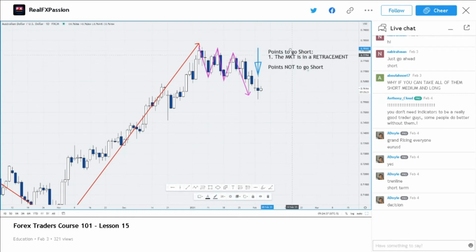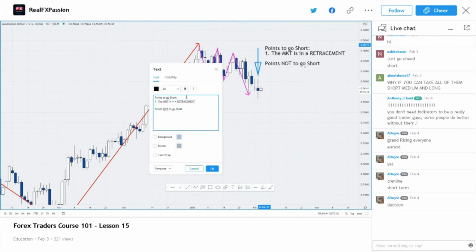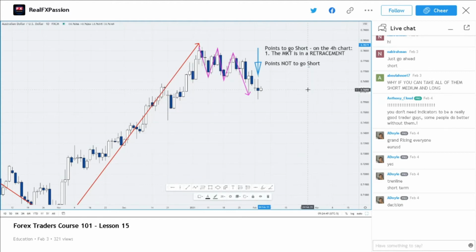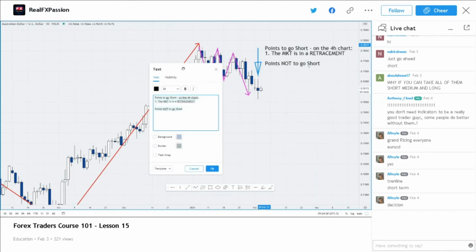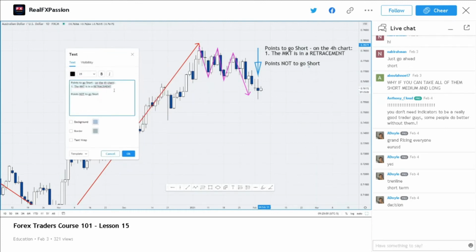So points to go short on the 4-hour chart. The market is in a retracement, right? Yes, agreed. Okay. What else is the point to go short? Well, number one, the market is in a retracement.